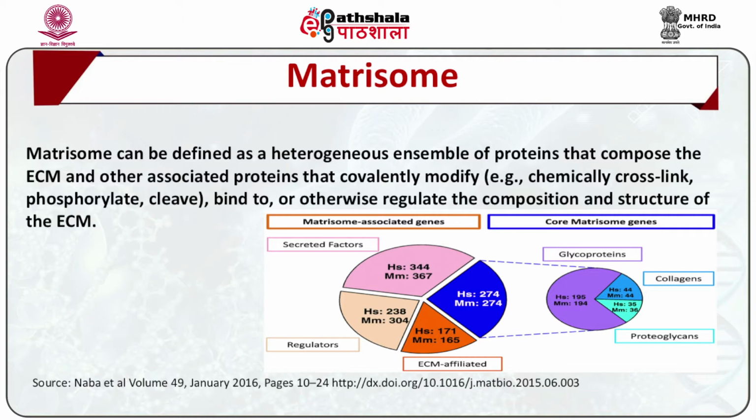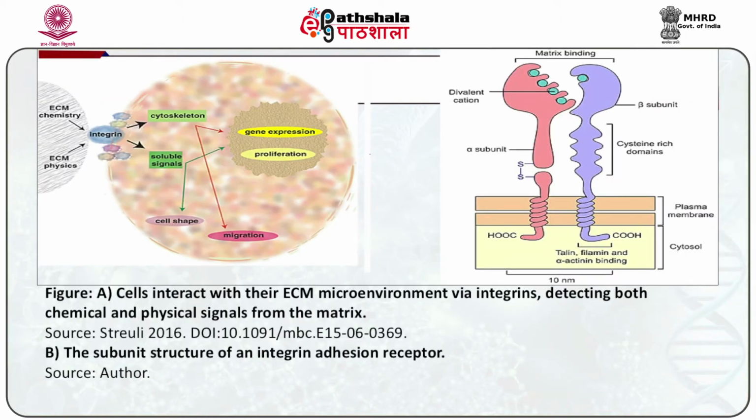Now, we look at integrins. Integrins are the principal class of receptors that mediate cell-matrix adhesions in epithelial sheets. These adhere to three types of the most abundant molecules in the extracellular matrix of all tissues: proteoglycans, collagen, and multi-adhesive matrix proteins. Integrins detect both chemical and physical signals from the matrix and deliver them to the cells via large plasma membrane complexes.